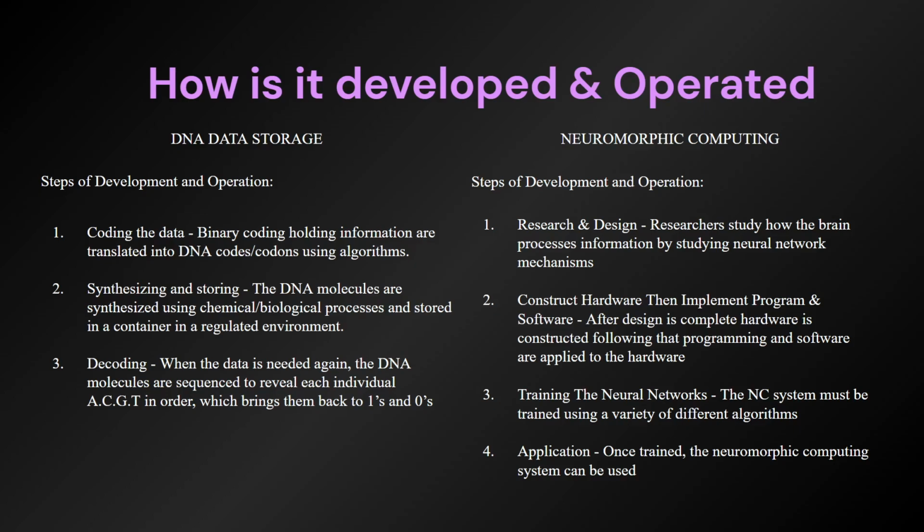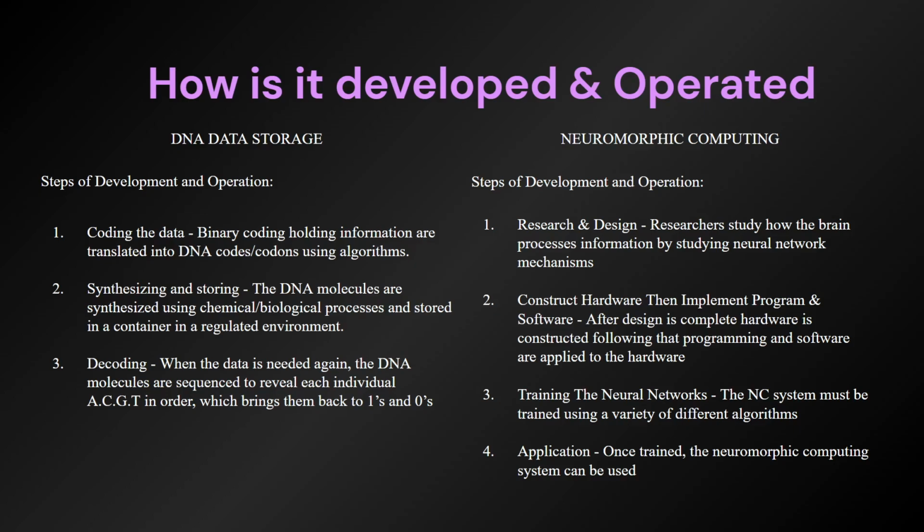Once you want that information again, you take it out of the tube and decode it with the algorithms. The molecules are sequenced to reveal each individual A, C, G, and T in order, which brings them back to the ones and zeros that they were before.